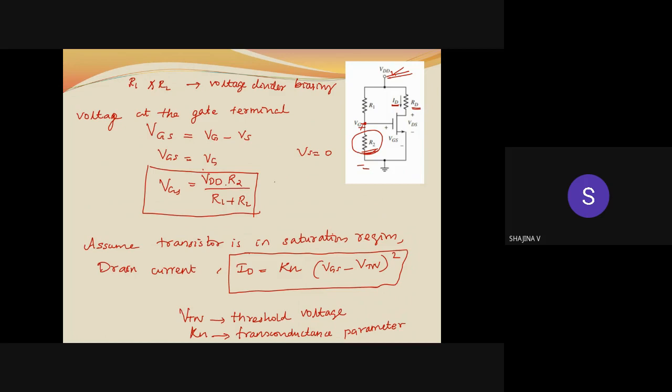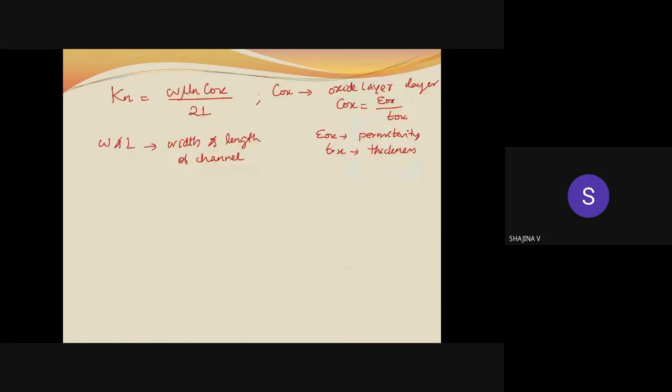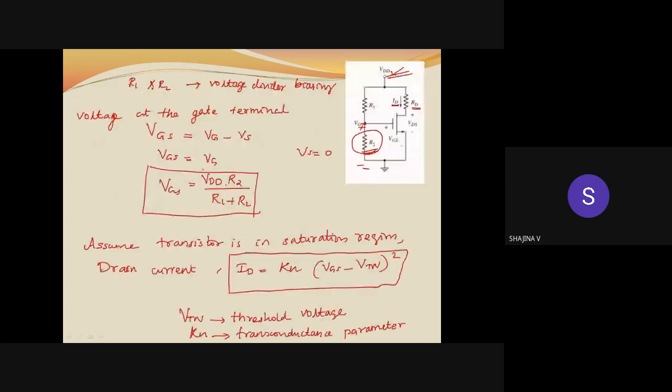Right. Now, one more thing. Next, we have to find the expression for VDS. For that, consider the output loop and apply KVL in the output loop. So what are the voltages? Here VDD is there, and across the resistor, IDRD, and here VDS.